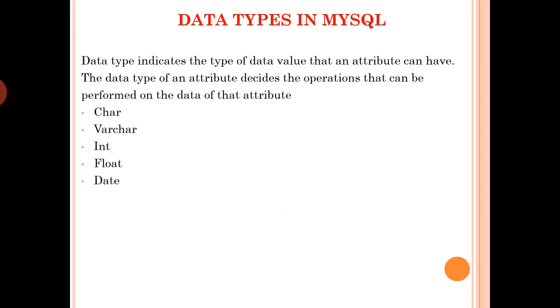Data types in MySQL. Now let me introduce you to data types. A data type indicates the type of data value that an attribute can have. The data type of an attribute decides the operations that can be performed on the data of that attribute. Commonly used types in MySQL are CHAR.